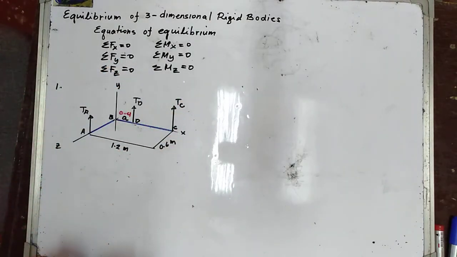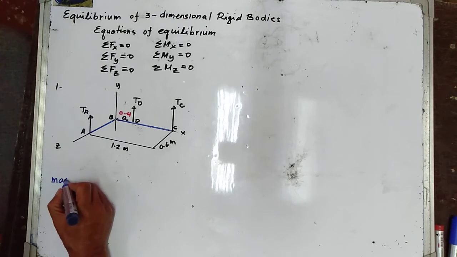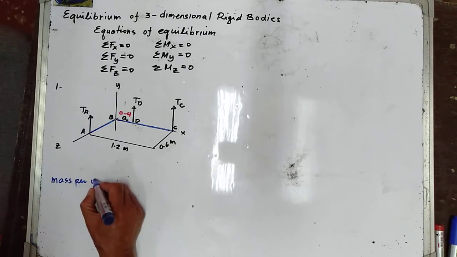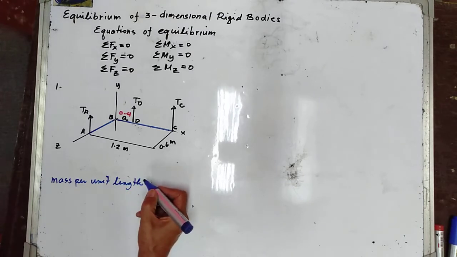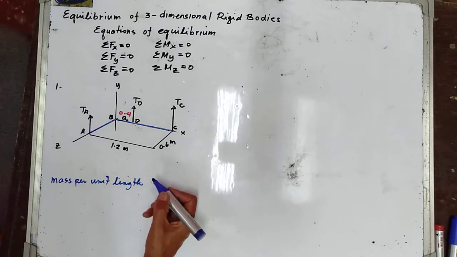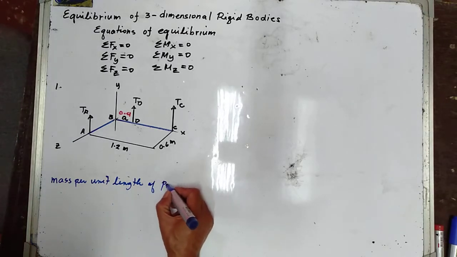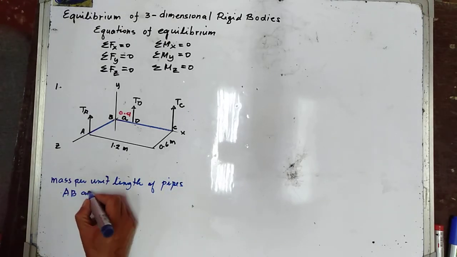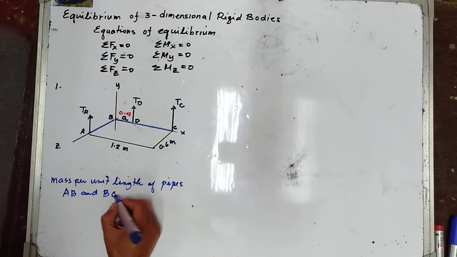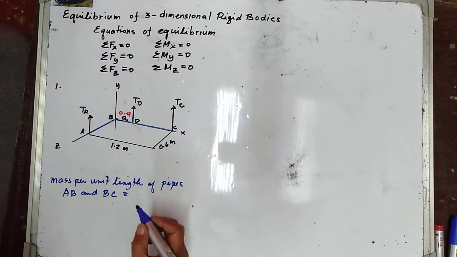Take note here now that the mass per unit length of pipes AB and BC is equal to 8 kilograms per meter.